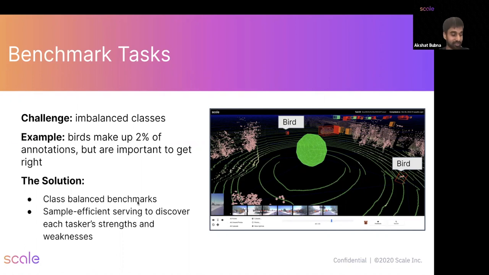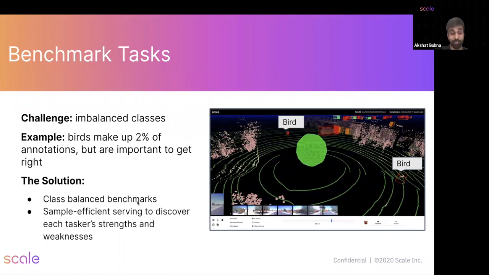But if we just did this naively and made our benchmarks from a random sample of tasks, then it's quite likely that most taskers would never even have been exposed to a task that has birds in it. Or even if they have, we don't have enough samples on the taskers themselves to know if they're good at labeling birds or not. So the solution is that we need to put in a lot of effort to class balance our benchmarks.